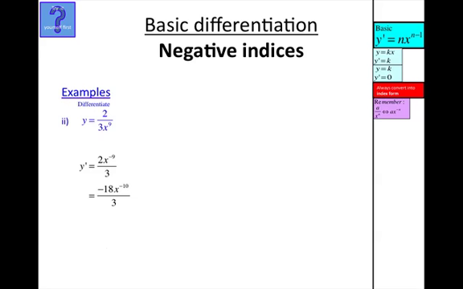We then tidy that up, and that becomes negative 6 x to the negative 10. That's the derivative. Again, they can make it a little harder by saying express it without negative indices. But now we're starting to get good at this. In order to get rid of the negative index, put it on the bottom and you can take it away, and vice versa. So that becomes negative 6 on x to the 10.